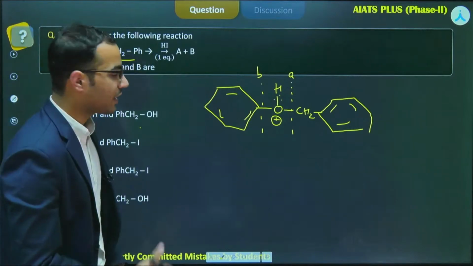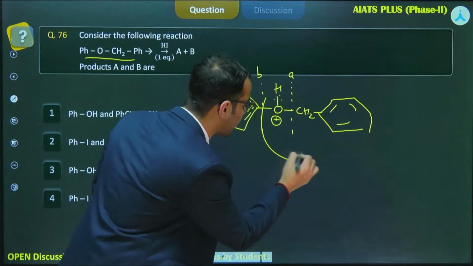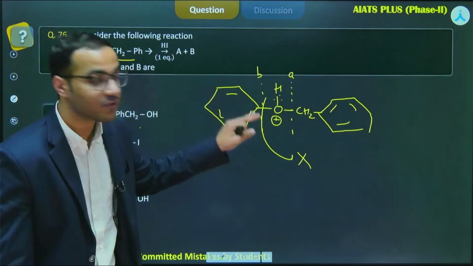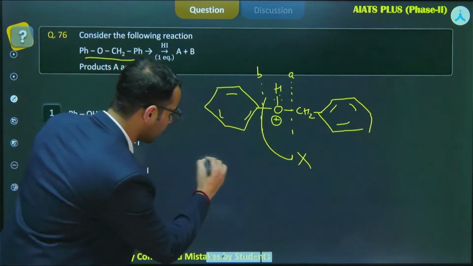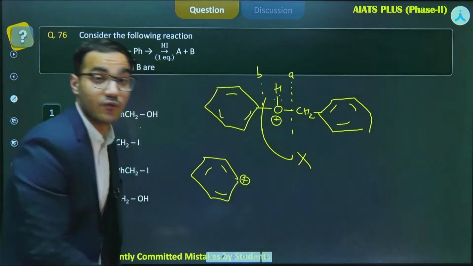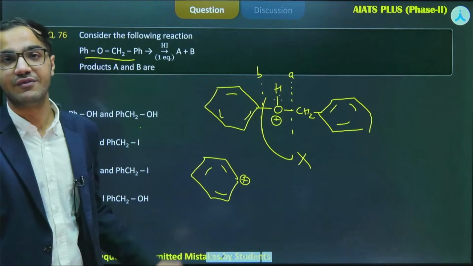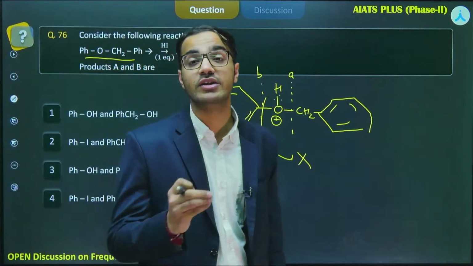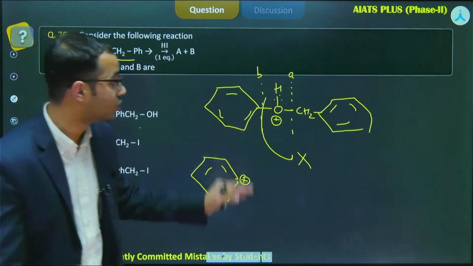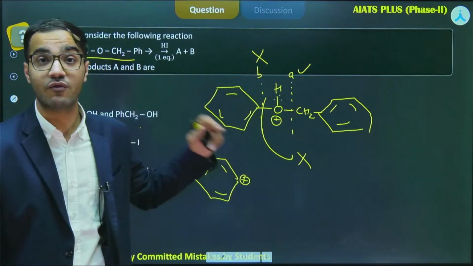We can clearly observe that this bond cannot be broken from here. It can't be the case, because if this happens, you will get the phenyl carbocation, which is extremely unstable. Why is it so? You are giving the positive charge over the double bonds, so the cleavage will be from A, not from B.